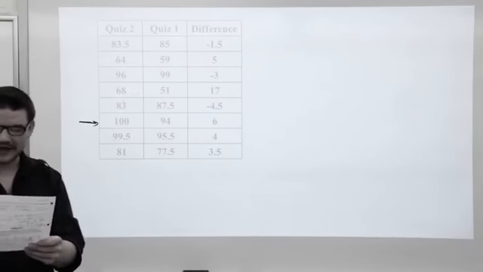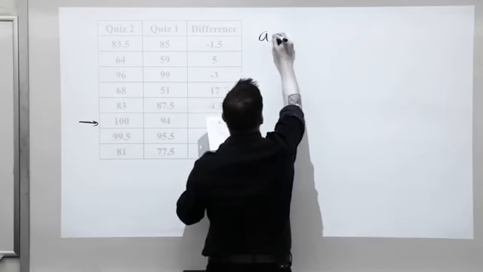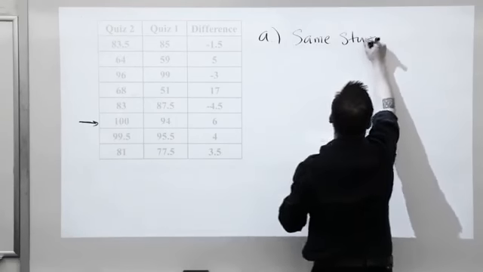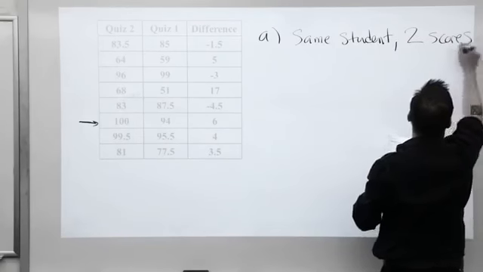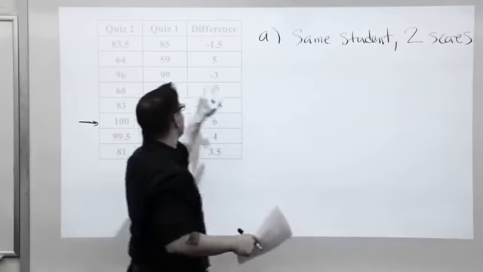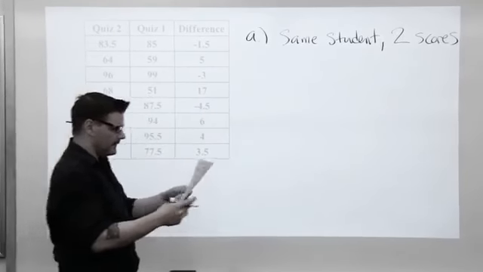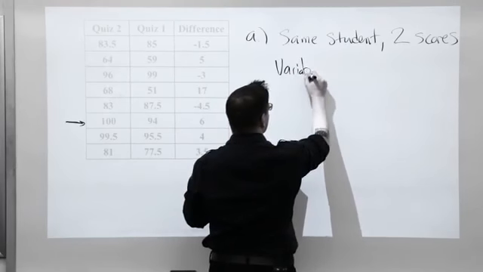You can see it in the notes. We've got two samples. Explain why these are dependent samples. So for part A, it's the same student. Same students, and we've got two scores. It's dependence. Clearly these are linked up, the two test scores. So the variable that we're working with is the difference.